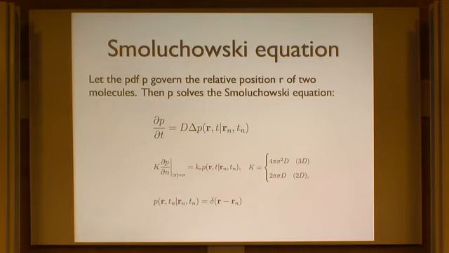So the PDF for the relative position of two molecules solves the diffusion equation with a boundary condition at sigma, where sigma is the reaction radius of the two molecules. Kr is the intrinsic or microscopic reaction rate. D is the diffusion constant. This is for a pair of molecules, and for a full system, there are different algorithms for simulating trajectories, for instance the GFRD algorithm, which is fairly popular and efficient.